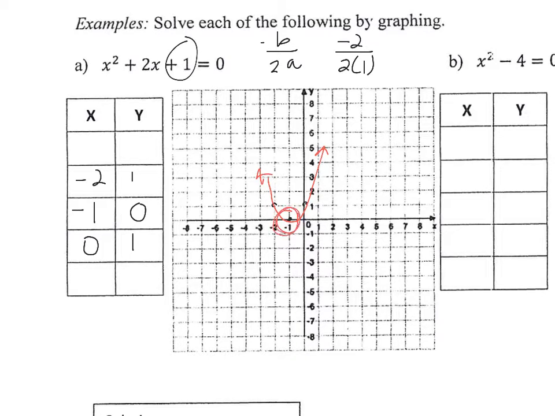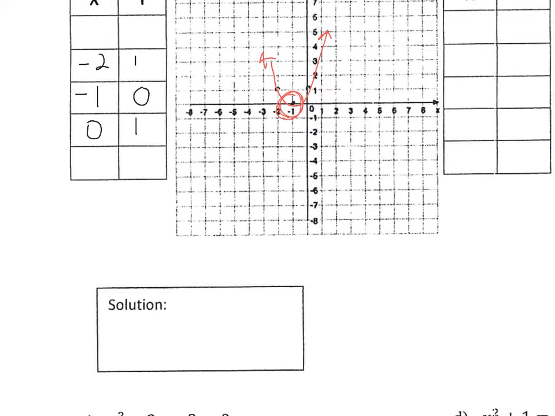So I don't need to graph any further, because I can see that the solution is where it crosses the x-axis, which is just where the vertex is. So my solution is going to be x equals negative 1. It only has one solution. The parabola only intersects the x-axis one time.